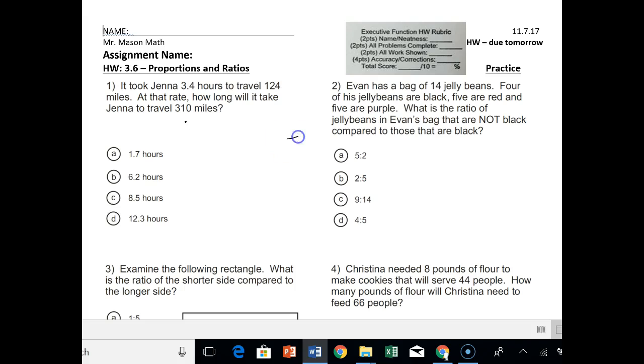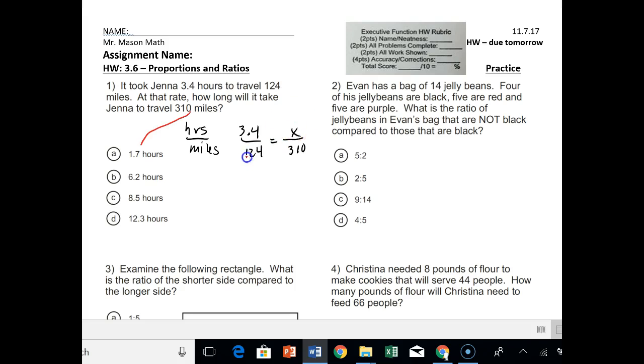So what are we comparing? We're comparing hours and miles, right? And the first ratio we have is 3.4 over 124 equal to, now let's see, they give us 310 miles, so that means it goes on the bottom, 310 on the bottom, X right there.